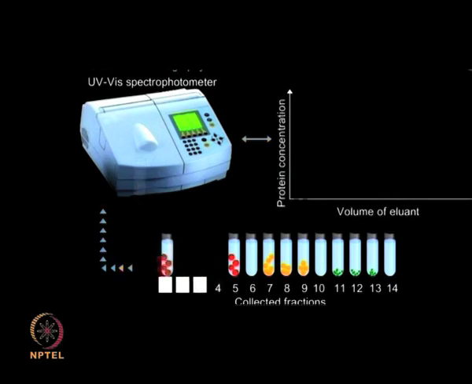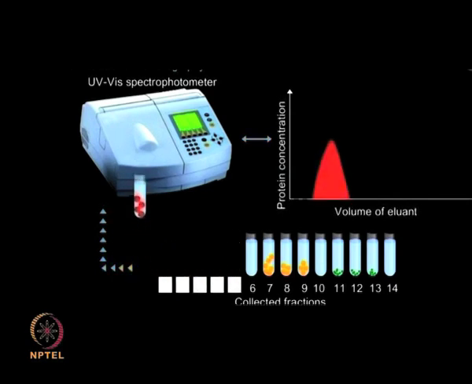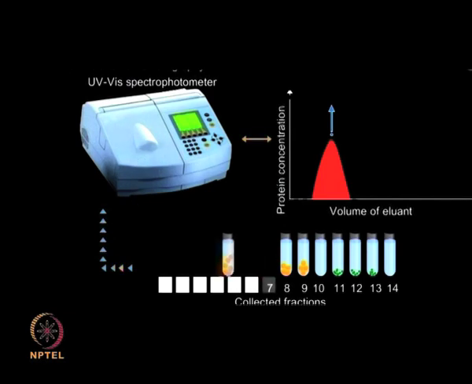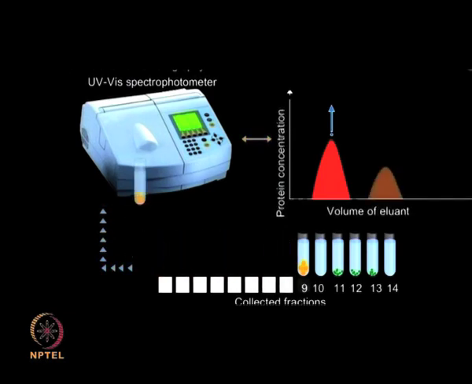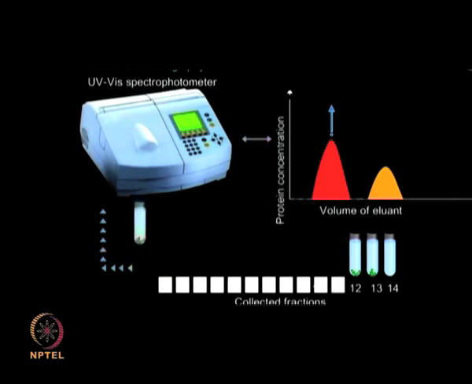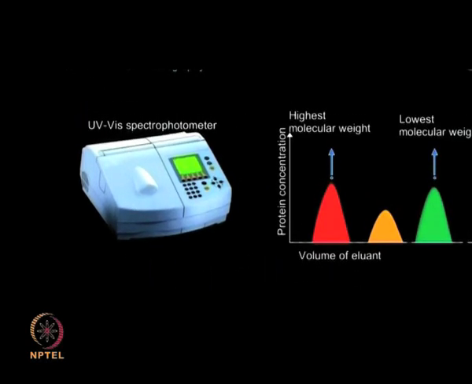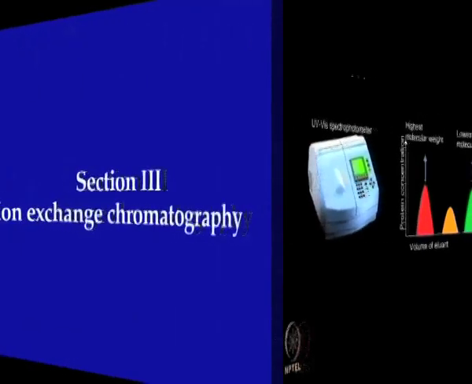Once all the absorbance values are recorded, a graph of eluent volume versus protein concentration can be plotted. Now, the highest molecular weight is in the beginning and the lowest molecular weight towards the end.